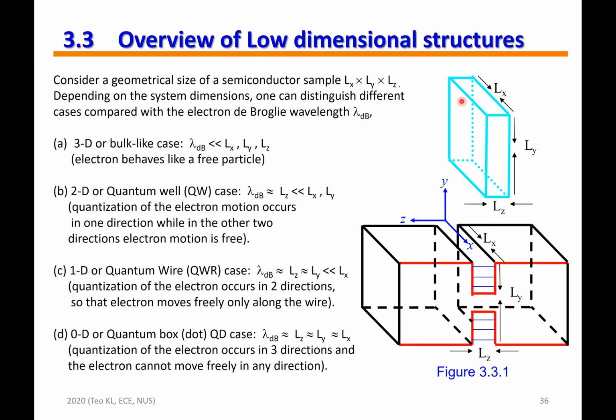So the dimensions Lx, Ly, Lz are much greater than the de Broglie wavelength, and the semiconductor will behave like a three-dimensional case, or what we call bulk semiconductors.